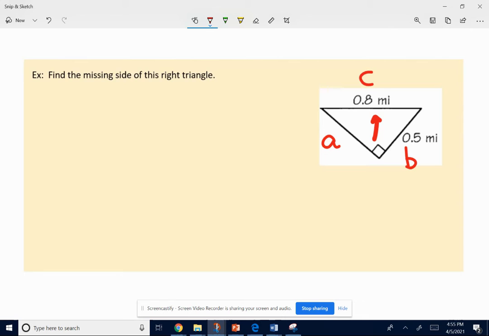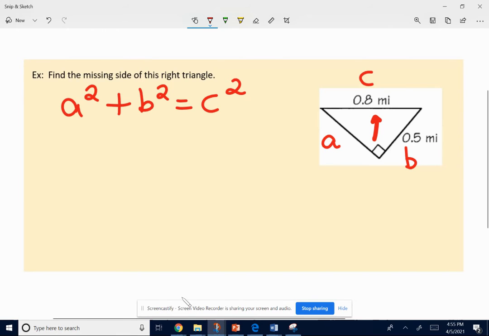I'm going to write down my formula. A squared plus B squared equals C squared, just like before. I'm going to put in all the numbers that I can, just like before. Now A, the way that I have it set up anyway, I don't know, so I'm just going to leave it A squared.